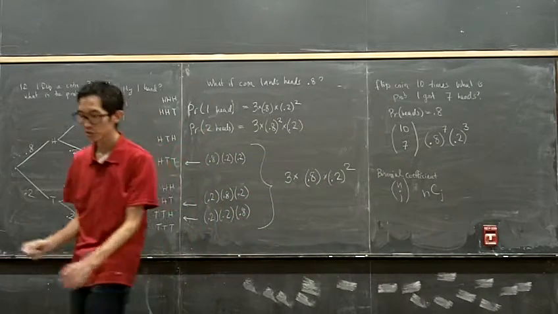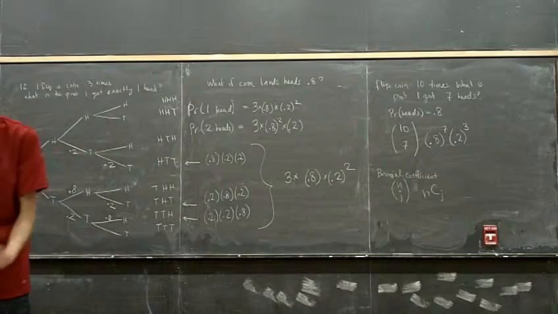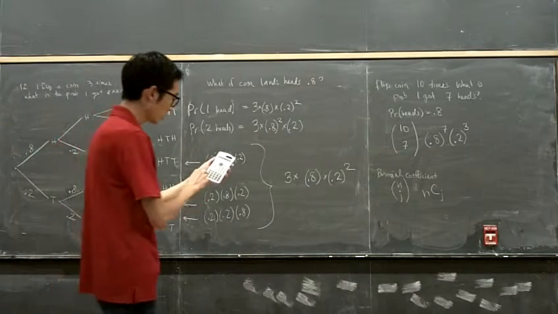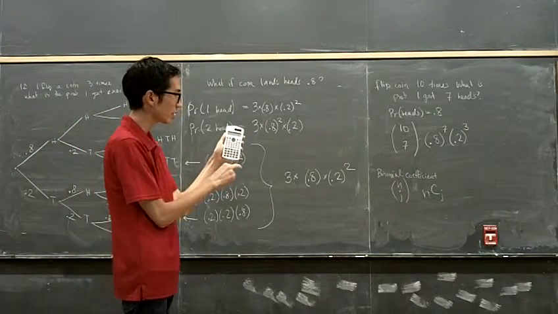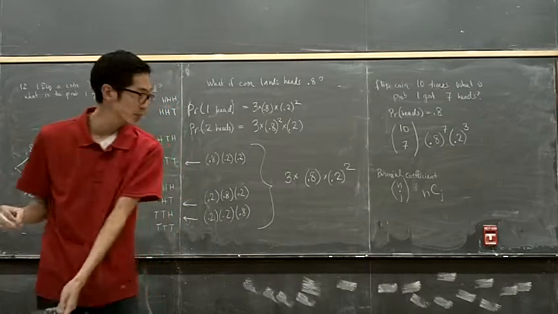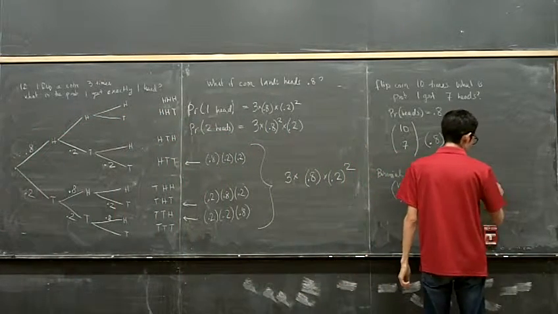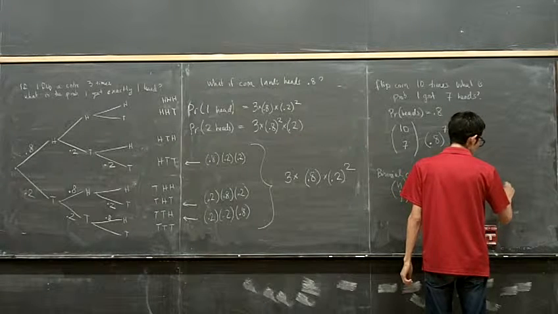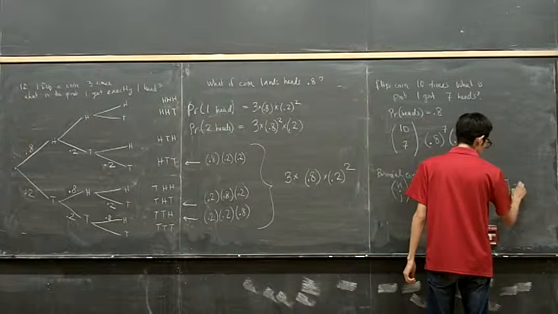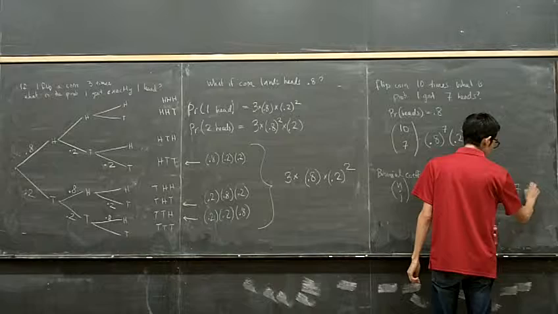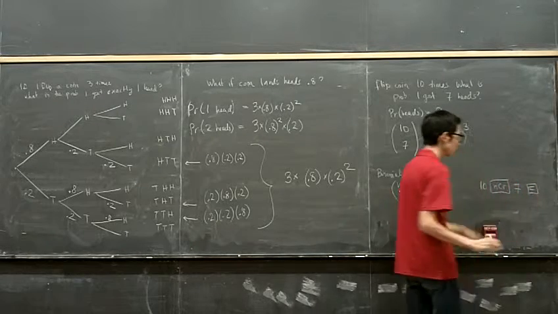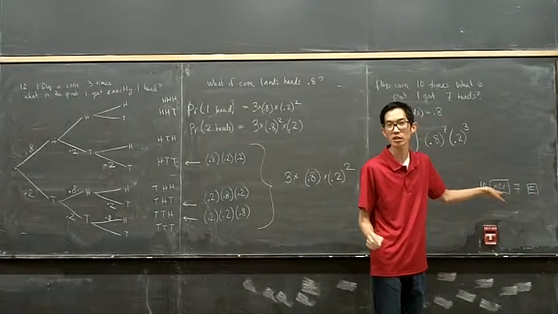You can use a calculator to find it, and on your calculator you might have a button that says nCr. So you might write 10, then hit the nCr button, then 7, and then hit equals. You might have to hit shift something to get nCr.